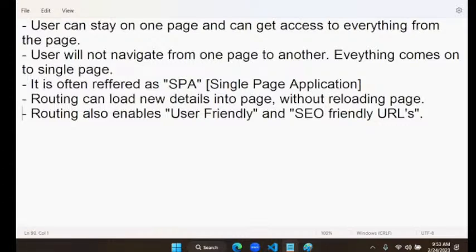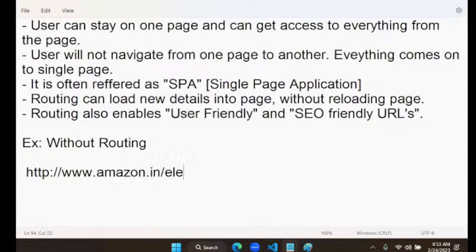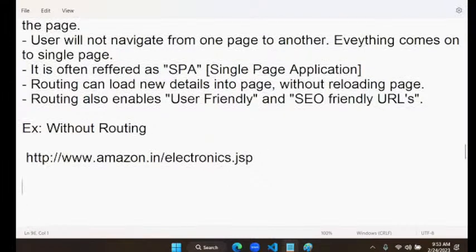I will show you an example without routing. Suppose I am accessing http://www.amazon.in/electronics.jsp or php something. And in electronics, there is a category.